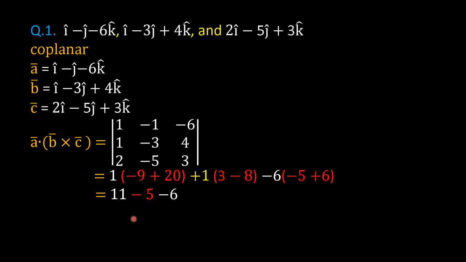So this gives us, this will be 11, this will be minus 5 and this will be minus 6. So 11 minus 11 will be 0. So the scalar triple product A bar dot B bar cross C bar equals 0. Since the scalar triple product of A bar, B bar, C bar is 0, we conclude that the given vectors are coplanar vectors.